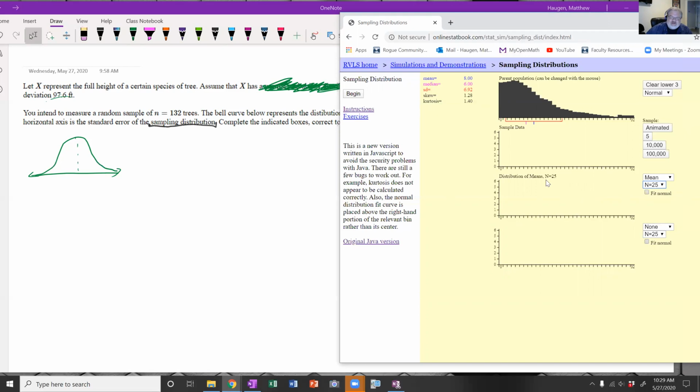So you intend to measure a random sample of 132, again, we're going to use 25, of 132 trees, and look at how those are distributed. So I'm going to do that. I'm going to take a sample of 25 trees. Now, just like our population, this distribution is referred to as our sample distribution.